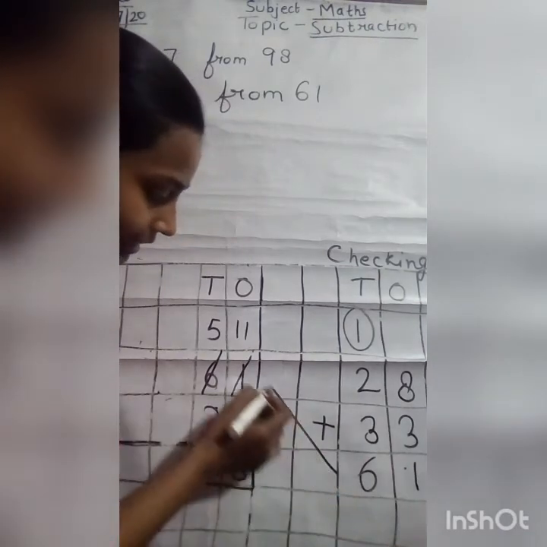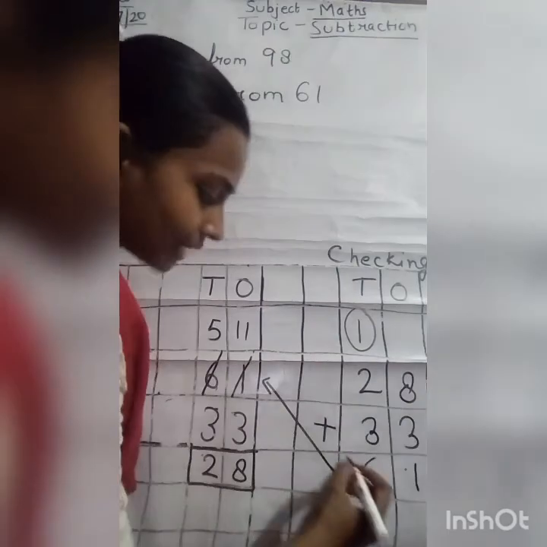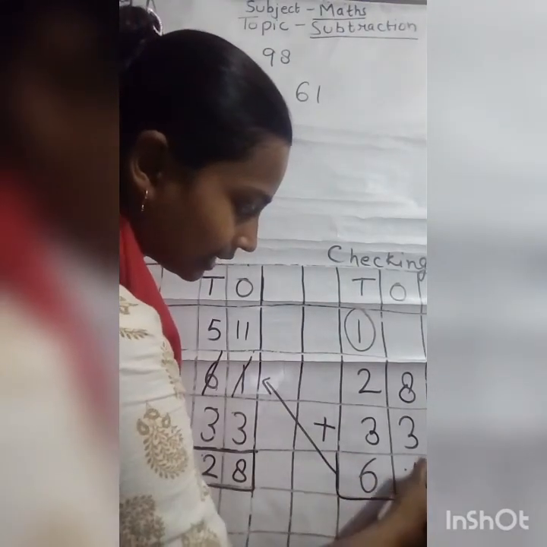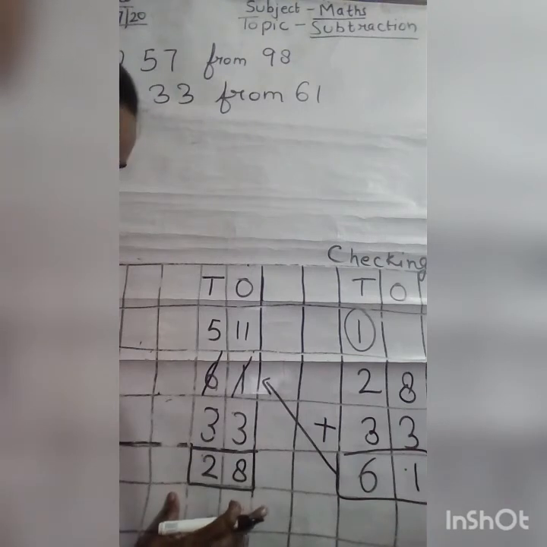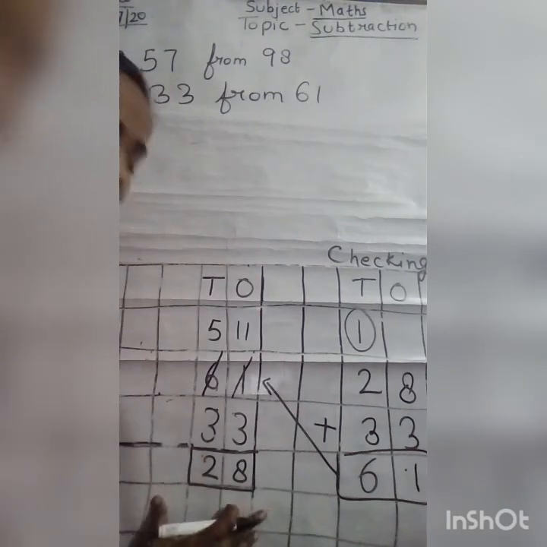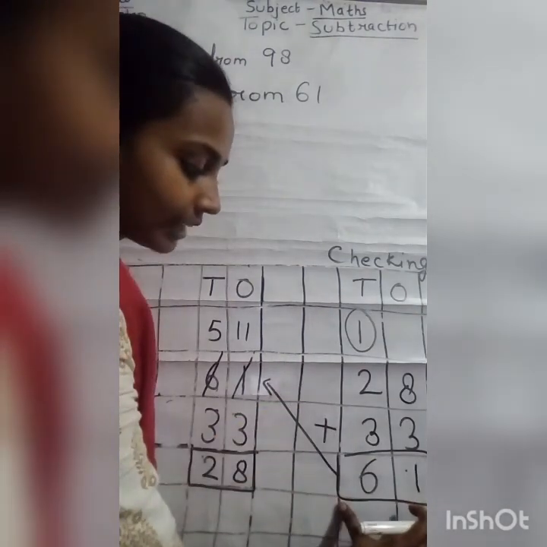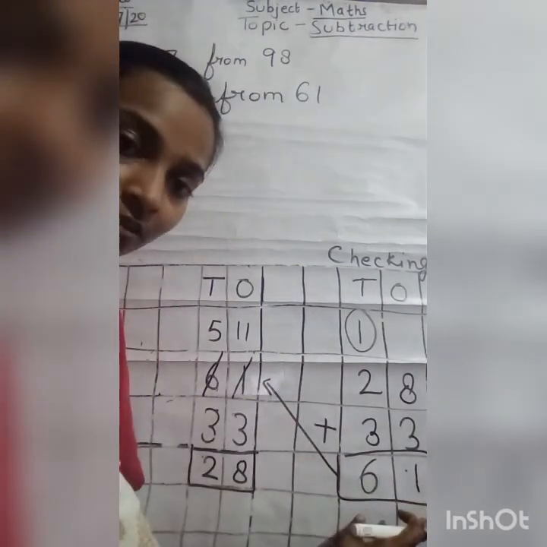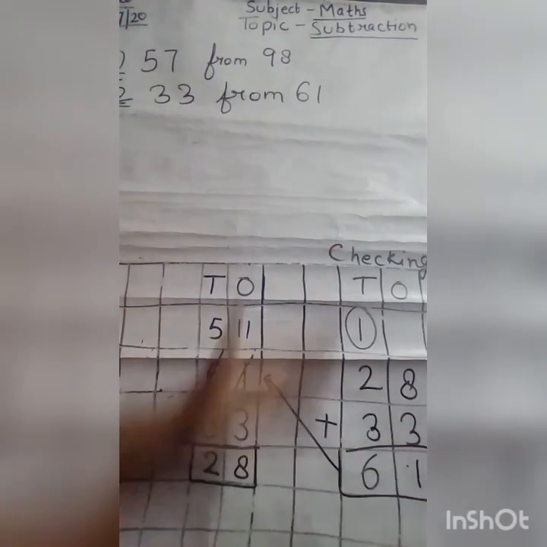And in the first row the number is the same, 61. So children, the process which we did is correct. This is the checking process.